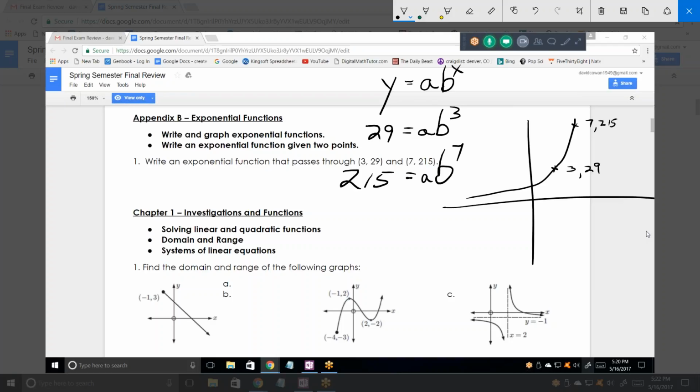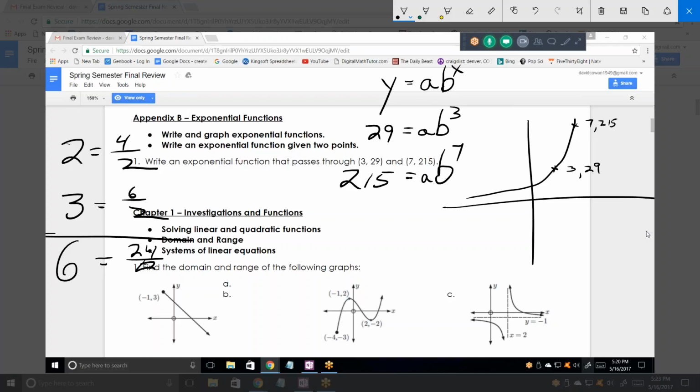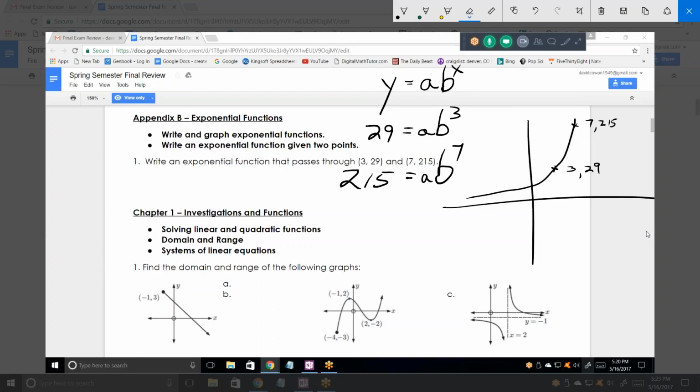We'll see. If I said to you 2 is equal to 4 over 2, and I also said 3 is equal to 6 over 2, can I multiply those two equations? I get 6 equals 24 over 4. Yeah, I can. Maybe you can multiply or divide equations, and that might be the easiest way to solve this.